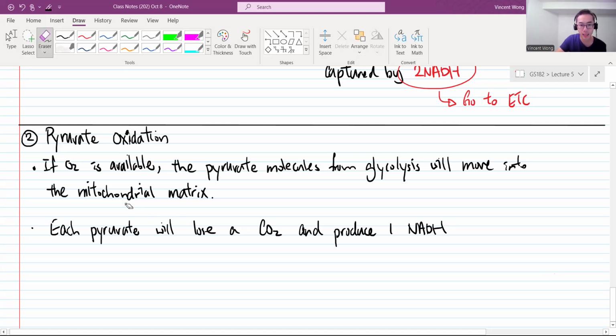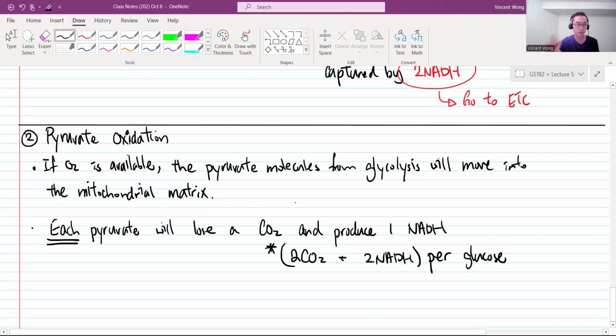Okay, so remember, that's each pyruvate. But from a glucose, you split it into 2 pyruvate, right? So even though each pyruvate produces 1 carbon dioxide and 1 NADH, it's actually 2 carbon dioxide and 2 NADH per glucose. And that's an important distinction to remember.